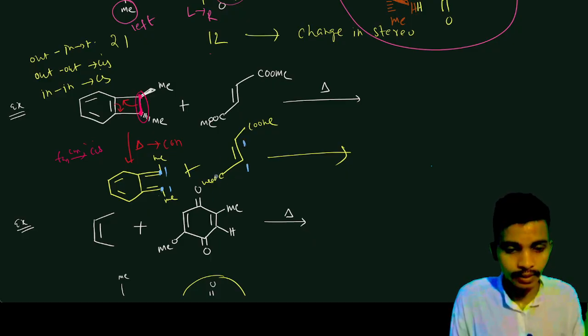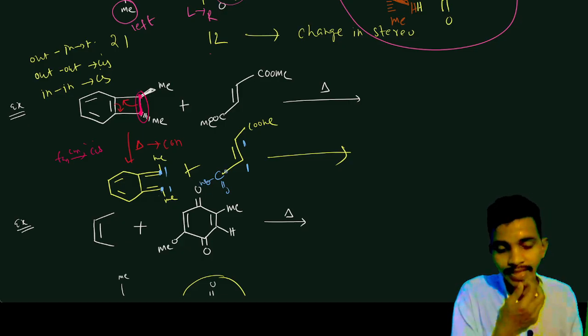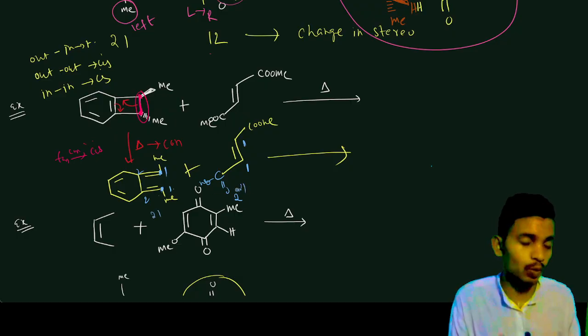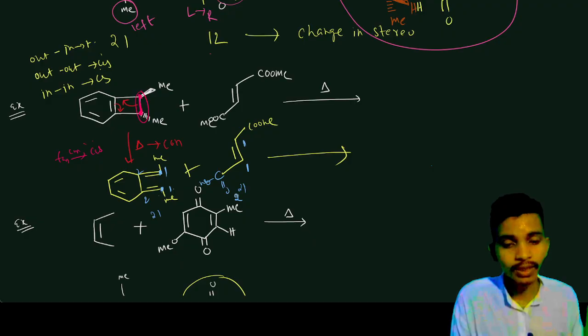But see that here this is COMe, so it means that here also interactions are possible. So this is 2 1. It means this is 1 and this is going to be 2. So this is the 2 1 and 2 1 case. It means 2 1 2 1 means no change in stereochemistry.